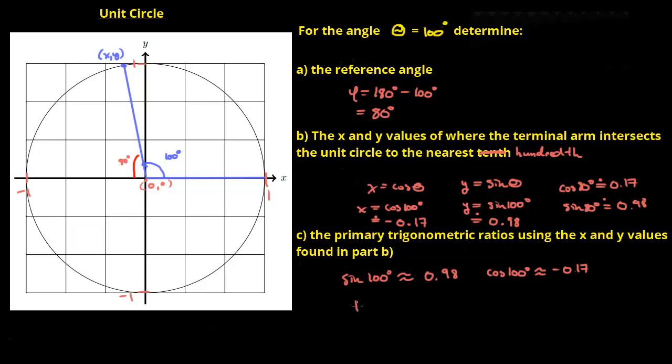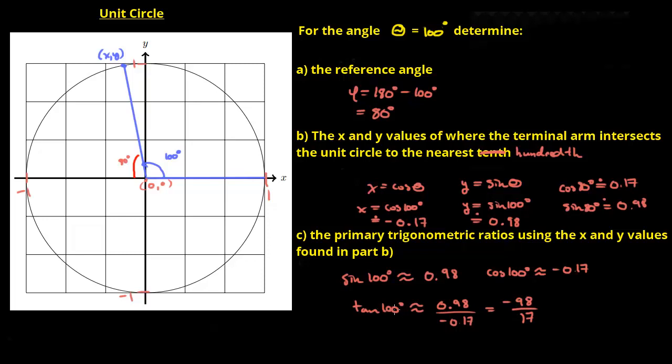And the tangent ratio, the tan of 100, is going to be approximately equal to, and again, this is because I've rounded, the y value divided by the x value. The y value is 0.98, and the x value is negative 0.17, and we can simplify this to being, I'm not approximating this, equal to negative 98 over 17.